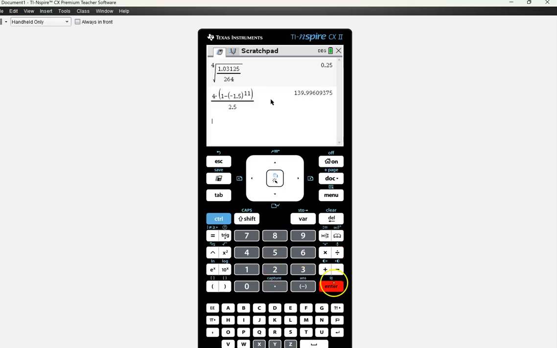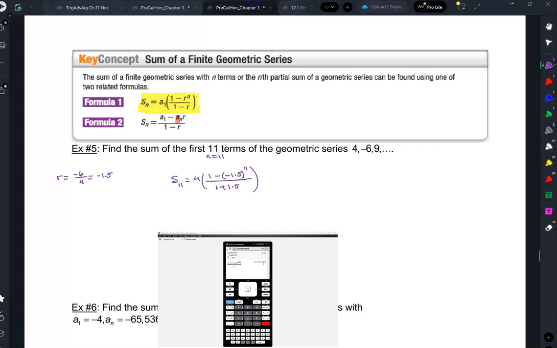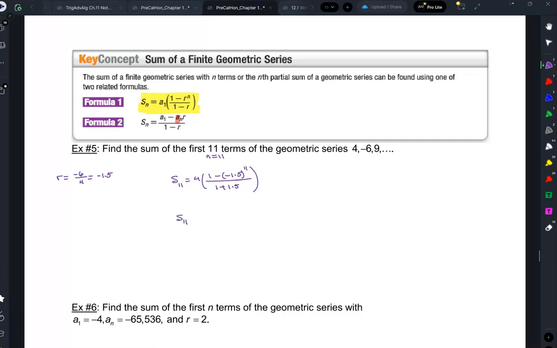And before I do anything, I just make sure that, with all the parentheses, the calculator understood what I meant for it to understand, and it did. So it's 139.996, and so on. Let's go to 3 decimal places. 139.996.